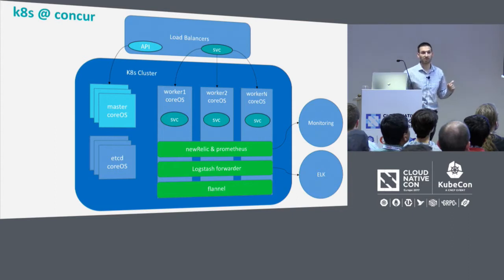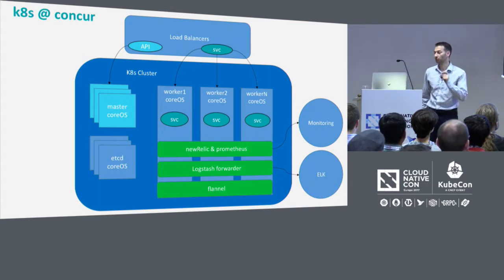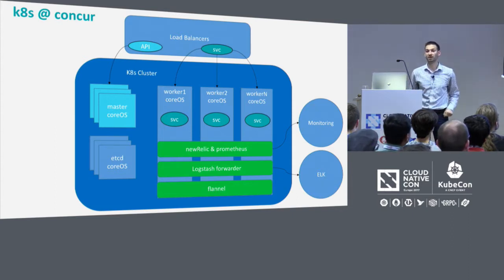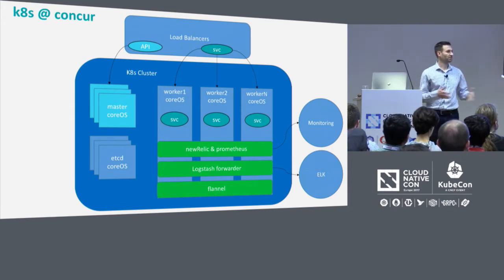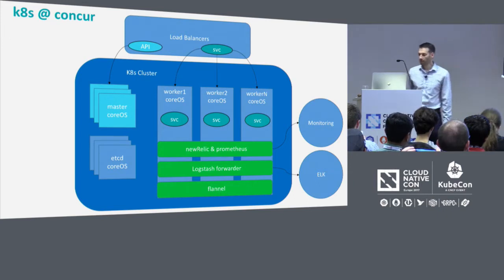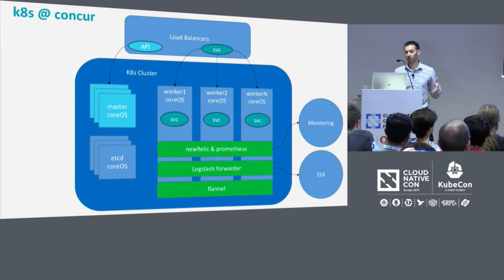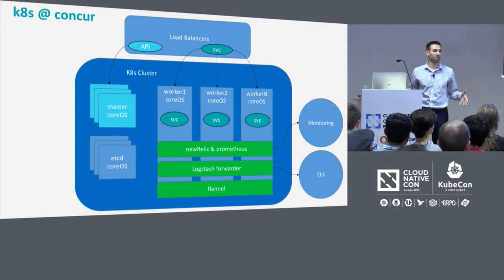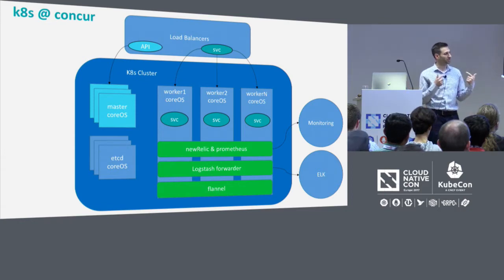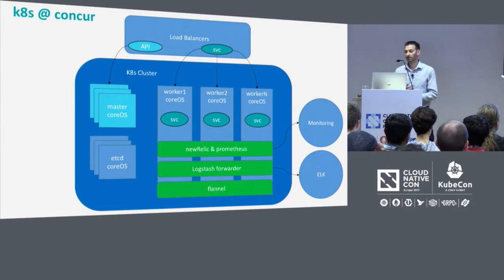We plug the pool of master nodes into external load balancers inside our data center so that API calls can be distributed to those masters. And if a service is deployed on our clusters, that service is also tied into external load balancing. I'll talk a little bit more about how we do that in a minute.